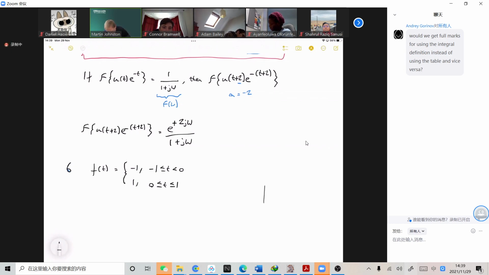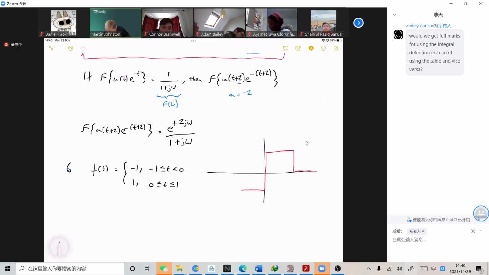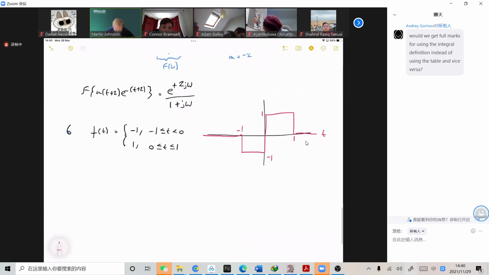Okay, so the actual function is not a sigmoid function because it only has non-zero values between -1 and +1. So in this case, we have to use the integral.